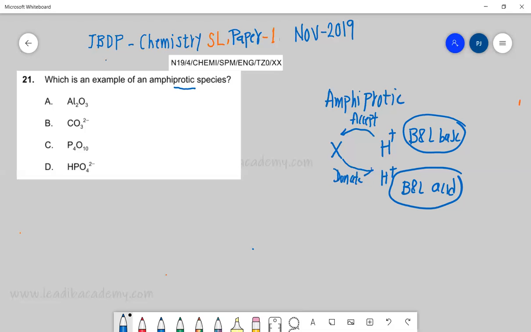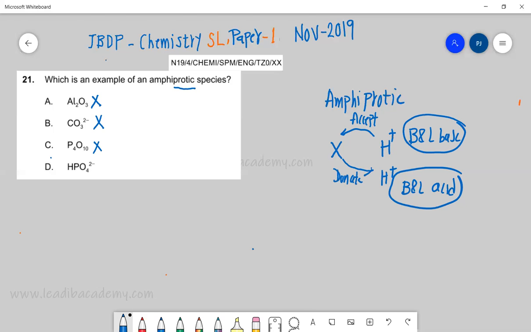Now let's analyze which species we are talking about. We can clearly see this is out of question, this is also out of question, and this is also out of question, without applying any logic. Why?